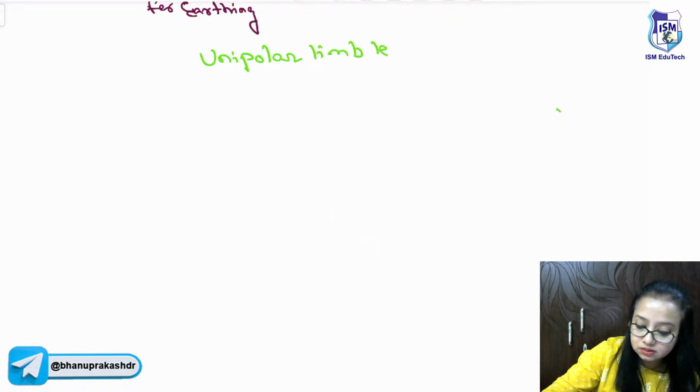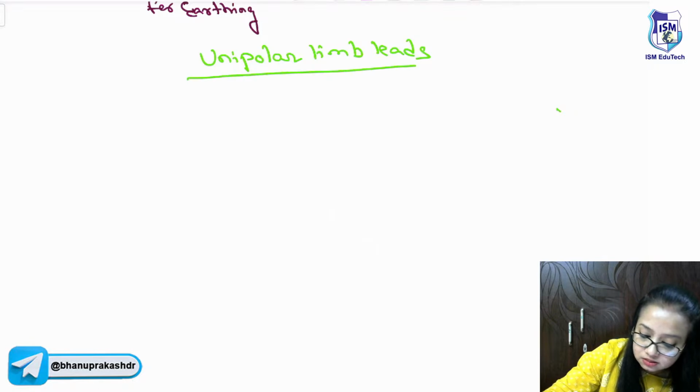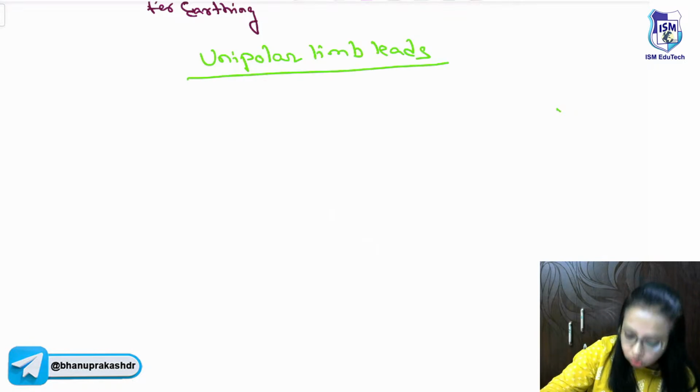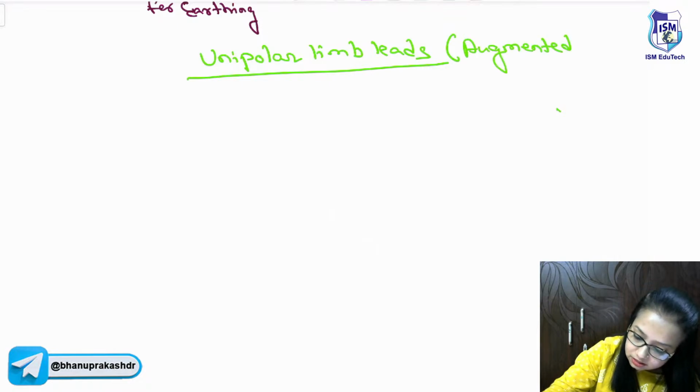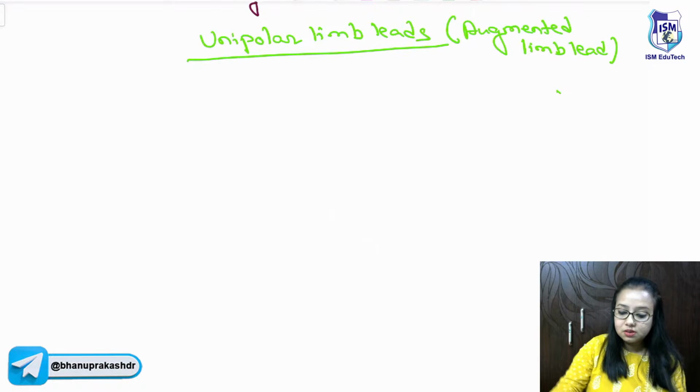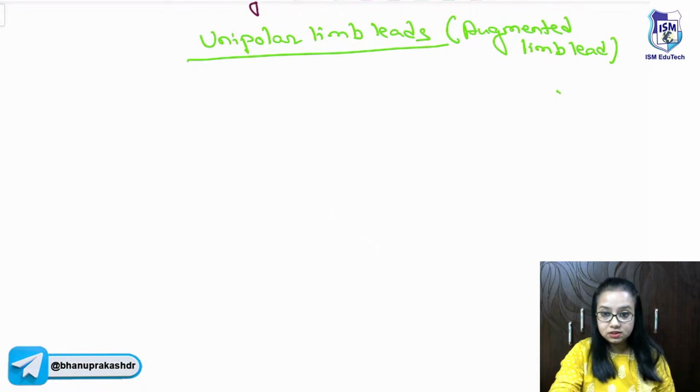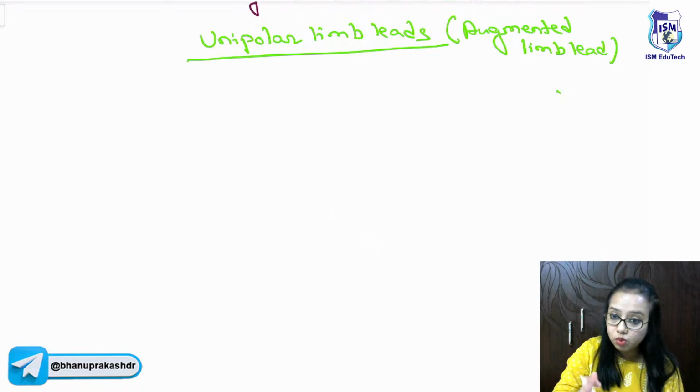limb leads. This one is also called the augmented limb lead. So now by the terminology you can understand unipolar. It's unipolar. That means there is one input, either positive or negative.